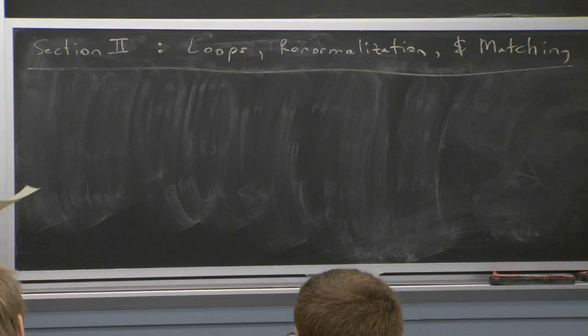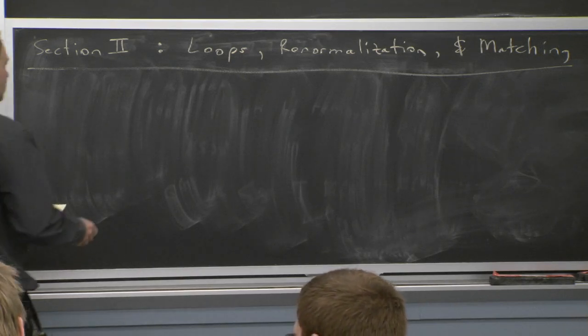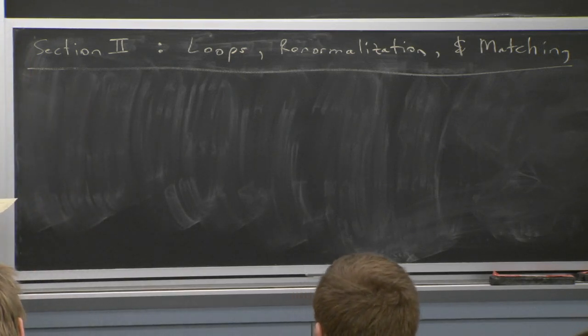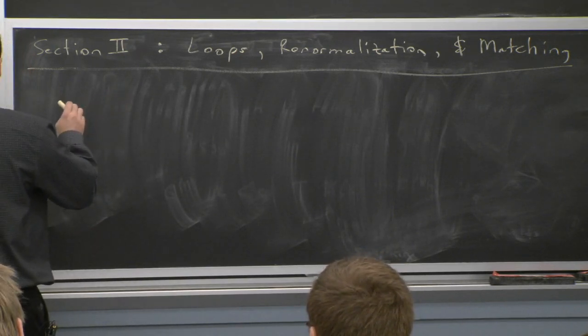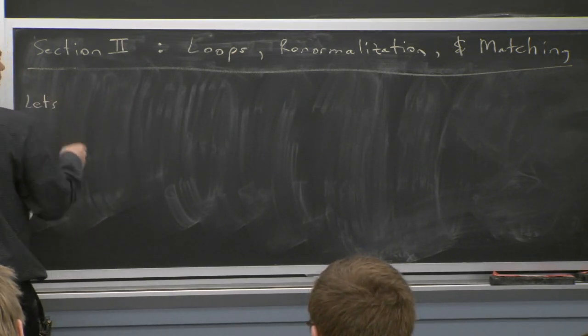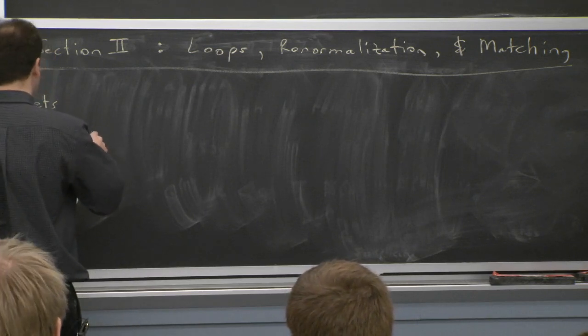We'll still be thinking in the context of massive particles. That's the simplest place to describe this, although we'll probably do an example later on of a case that doesn't just involve massive particles.